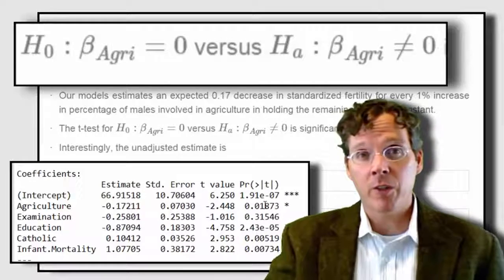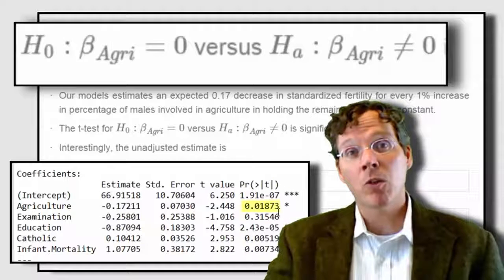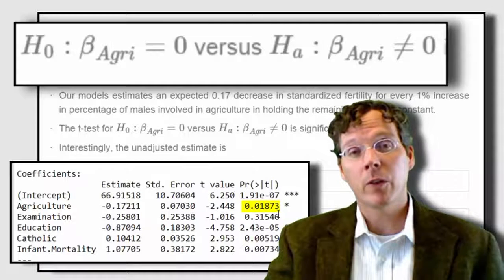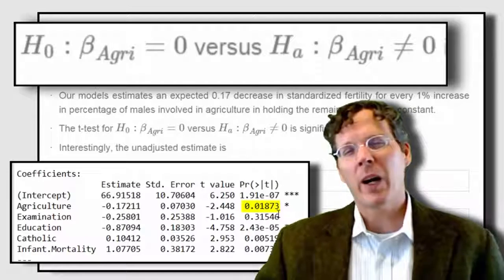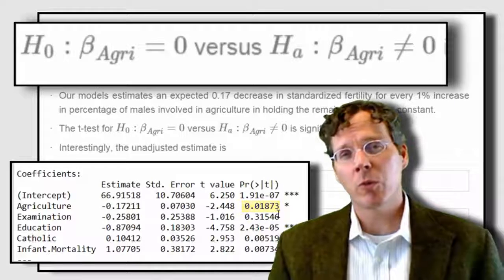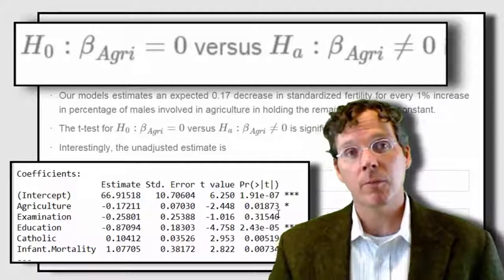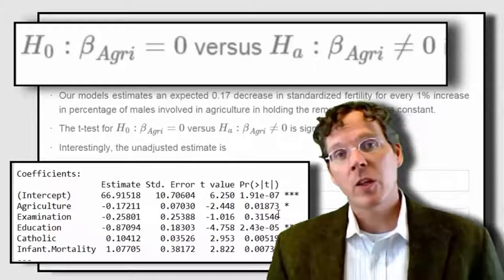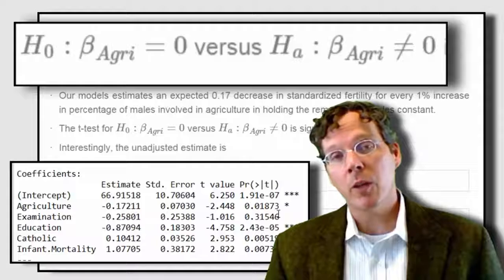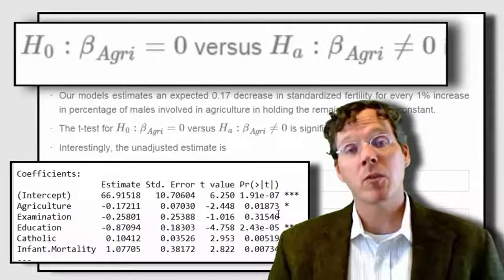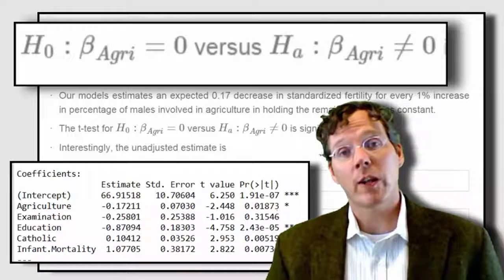But again, R does that on our behalf, and that works out to be 0.018. So by standard thresholding rules, a type 1 error rate of say 5%, that would be statistically significant. But let's go through some other models and look at how the process of model selection changes our estimates.